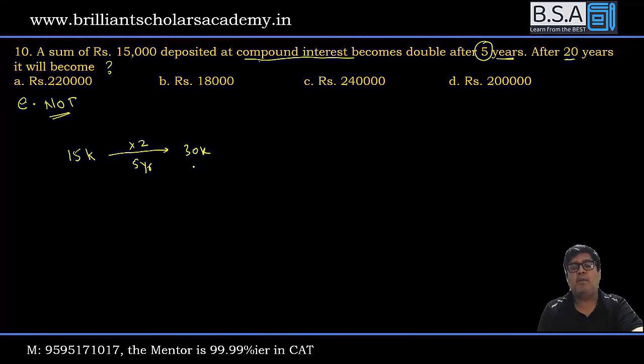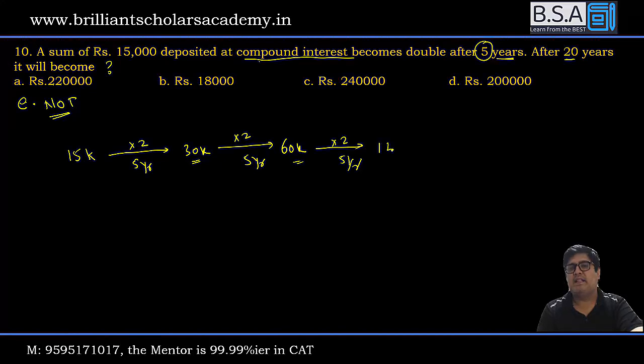It does not matter how much is the money. If I wait for another 5 years, this will become the principal for those 5 years. Do you remember that statement? Amount at the end of the year becomes principal for the next. For the next 5 years, this becomes the principal. So 60K.